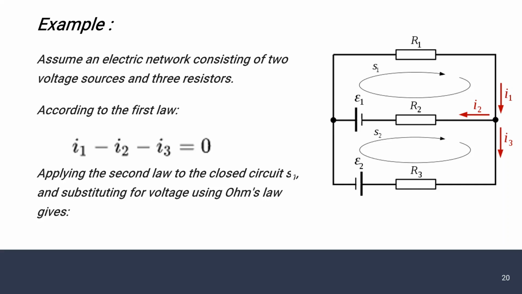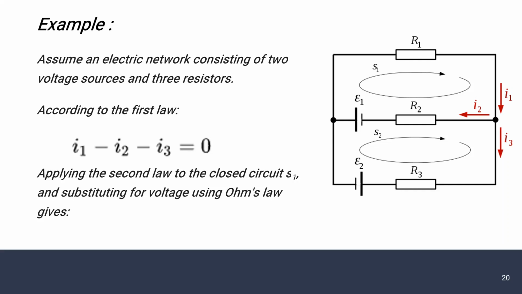Applying the second law, Kirchhoff's voltage law, to the closed circuits: let the circuit be divided into two parts, the first one S1 and the second one S2. I assume that S1 and S2 are in the clockwise direction. At node 1, the current I1 enters the node, and I2 and I3 leave at node 2.